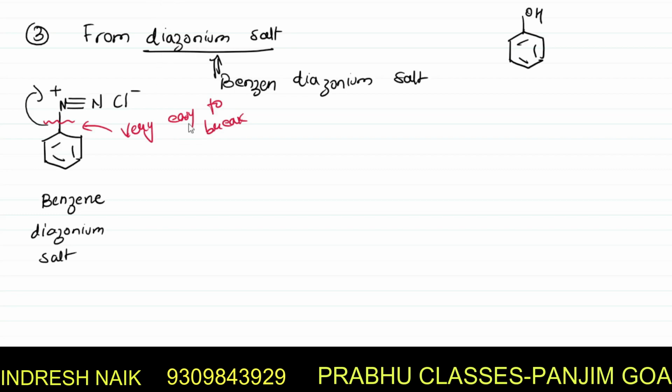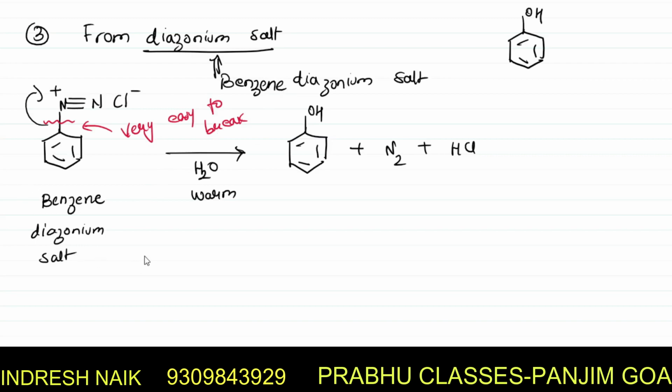So in this case, it is reacted with water and just warmed, supplying very little heat. In that case you are going to get a phenol plus nitrogen gas as a byproduct and HCl. So this is the preparation from a diazonium salt, benzene diazonium salt.